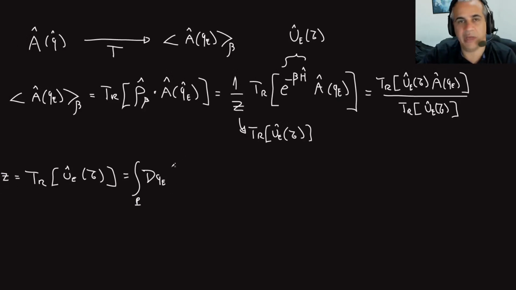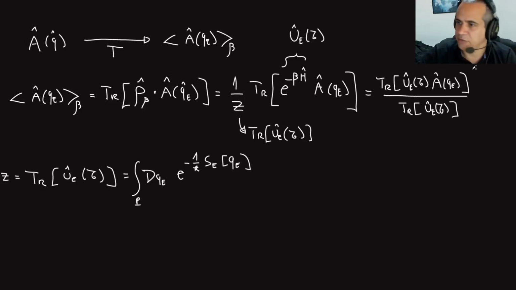This is a closed path of length tau, of the exponential of 1 over h bar S_E of Q_E. Right, so I just have to calculate this path integral.